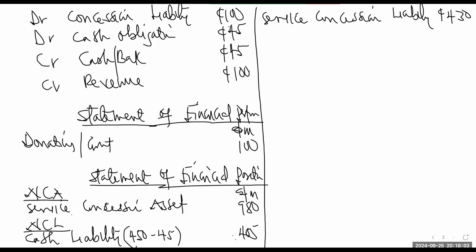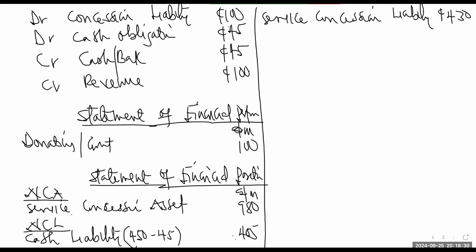So this is the calculation side. It's a very simple exercise. But if it is an existing asset, there will not be any service concession liability, and there will not be any revenue from a non-exchange transaction, because the people are not going to be handing over any asset to you.